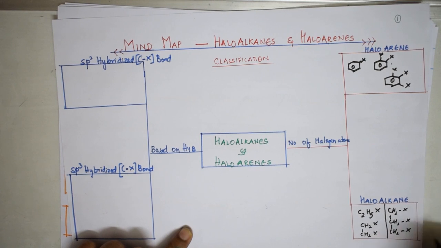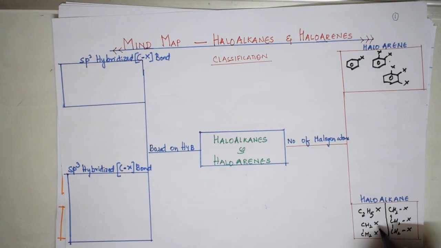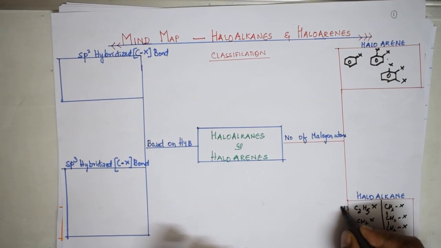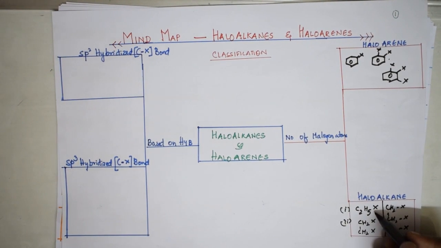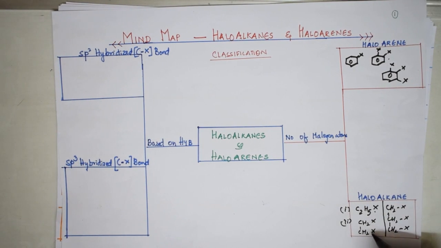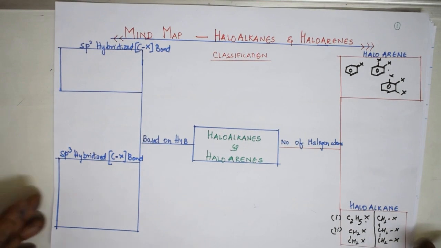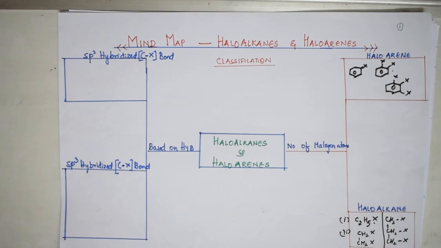Now how many halogens, students? This is the first one, then 2, and this is 3. So one halogen is called monohaloalkane. Next, dihaloalkane, 1, 2, 3, trihaloalkane. This is the classification which is based on the number of halogen atoms.